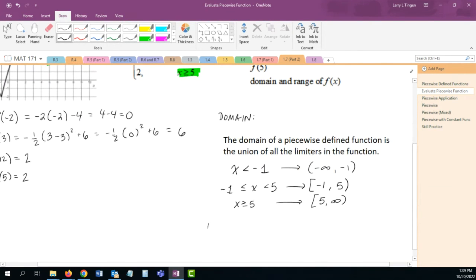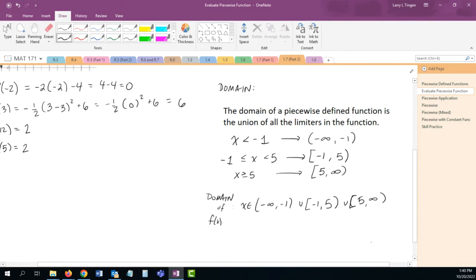So the domain is, put all of these together, negative infinity to -1, union -1 to 5, union 5 to infinity. Now, if the endpoints match up on these intervals, and one of them has it, one of them doesn't, I can actually put them together.